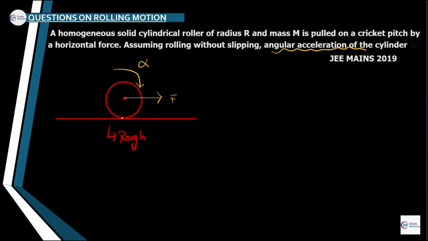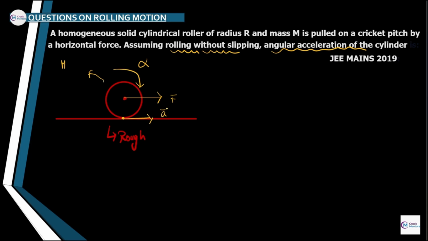Let us assume it is moving with some angular acceleration alpha, under force F, and it has mass m. Now the very important thing which I keep repeating about rolling without slipping: what is the condition?